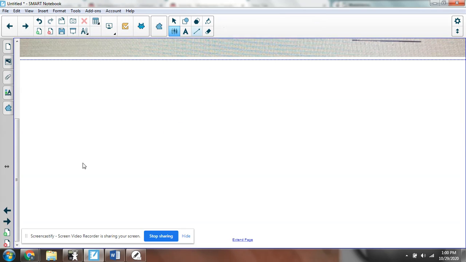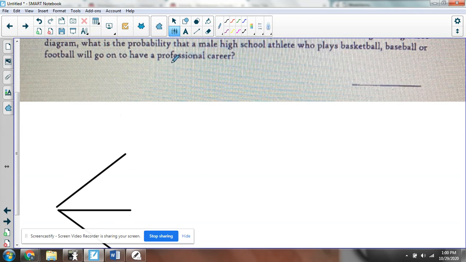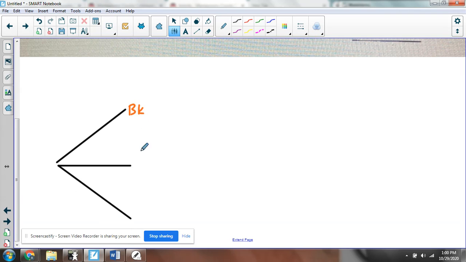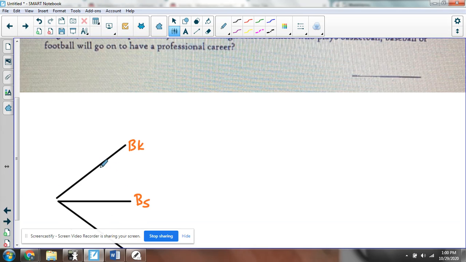So we have, I'll use the lines here, we have probability of being a basketball player in college, a baseball player in college, and a football player in college. So we'll say BK for basketball, BS for baseball, and F for football. Chance of being a basketball player is 5%, 0.05.